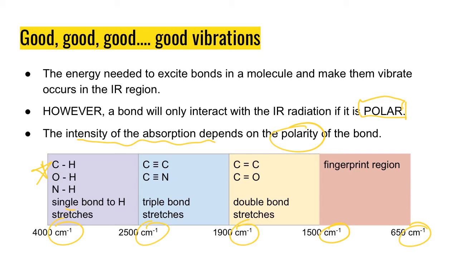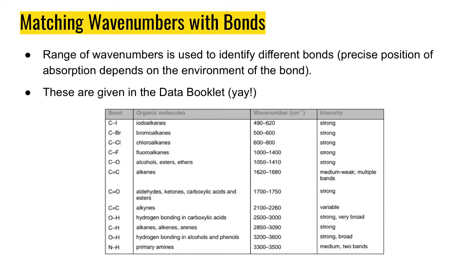For example, down at the high end here, you get things like O-H and N-H bonds that will absorb, whereas a little bit further down in the middle here, you get things like C=O bonds absorbing. There are tables of data that we can use to match up the types of bonds to specific absorptions within a spectrum.